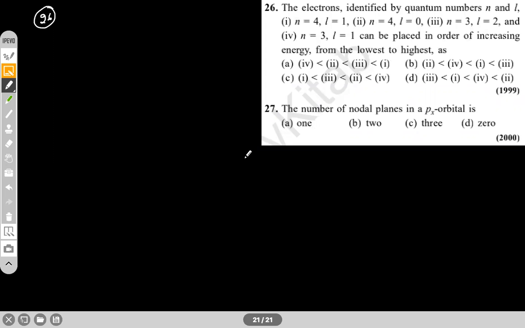Okay, easy one. You can easily compare with the n plus l rule, which we also call the Aufbau rule, right?